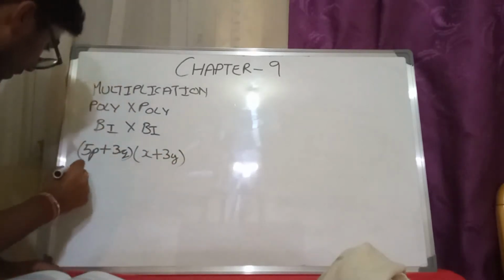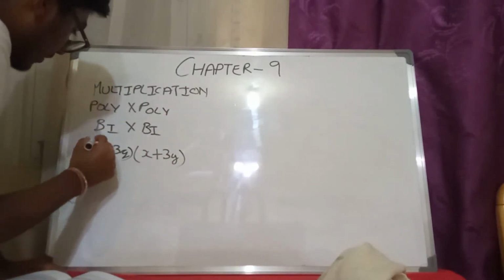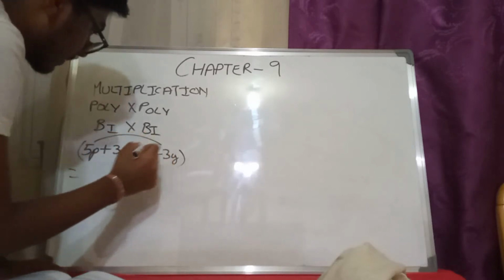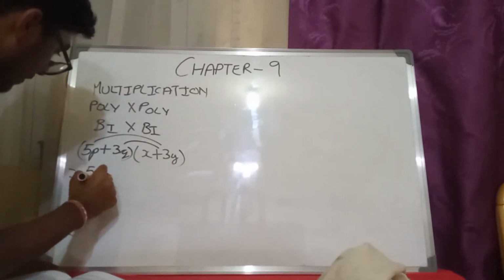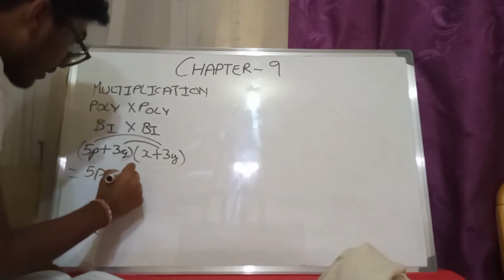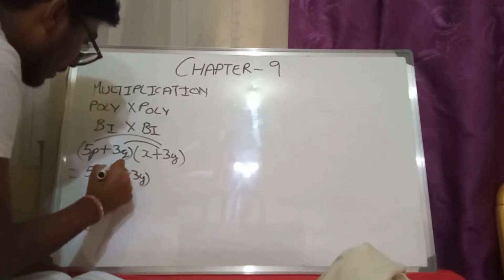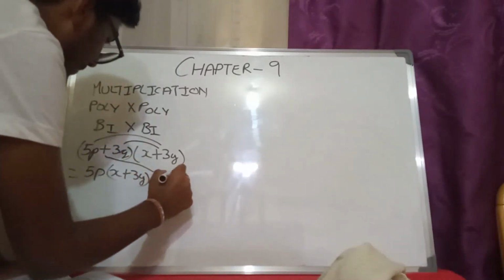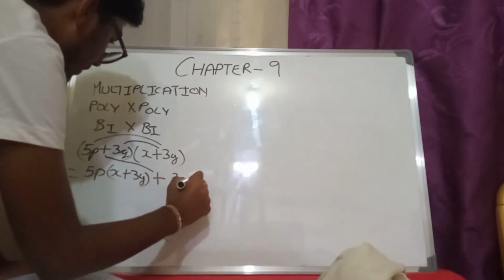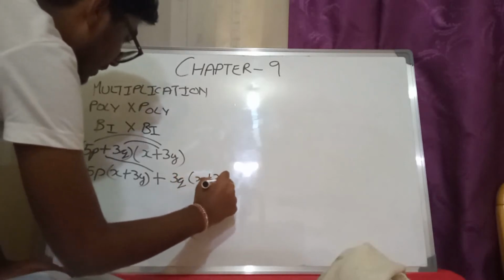For this, first we have to break this down. We have to multiply 5p with this term and then 3q with this term. So it will become 5p into (x plus 3y), then plus, this symbol will come here, 3q into (x plus 3y).